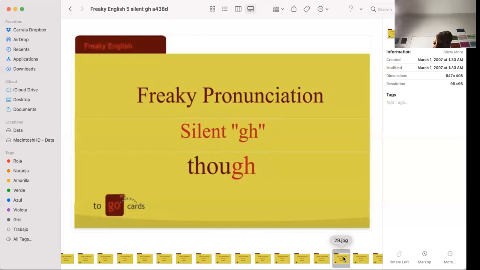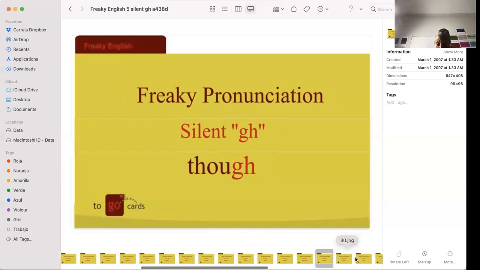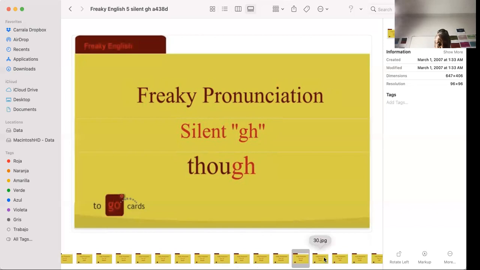Though, GH is there, but it might as well not be. It's ornament, though. And there the OU is O. Bright.